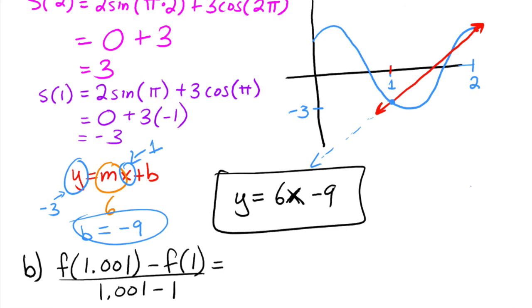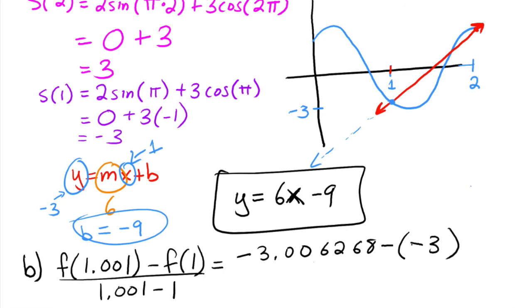If I plug 1.001 into my function, I get -3.006268, and then minus f(1), which I already found up here. Actually, these really should be s's, but it doesn't really matter. When I plug in 1, I get -3.